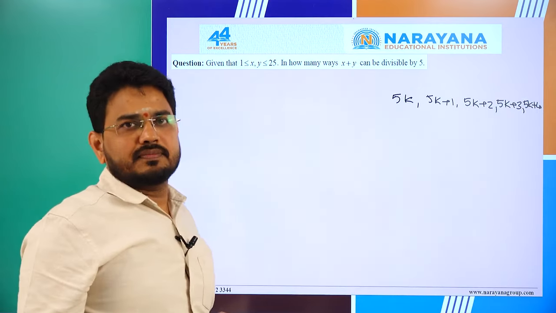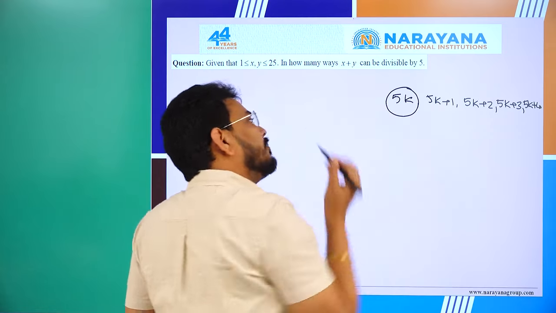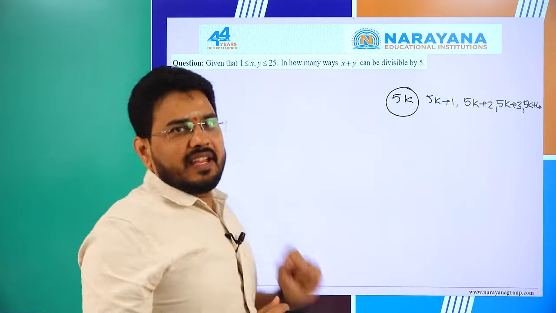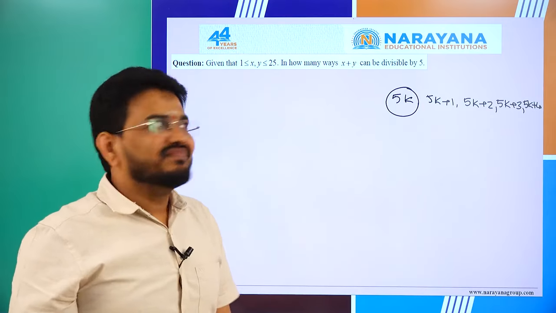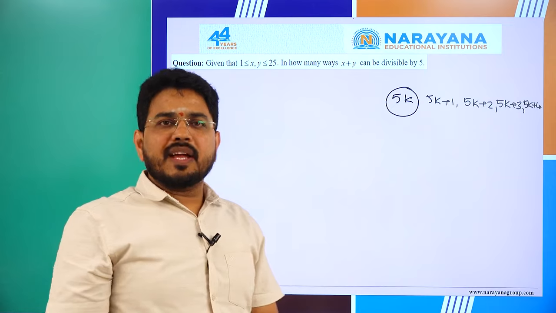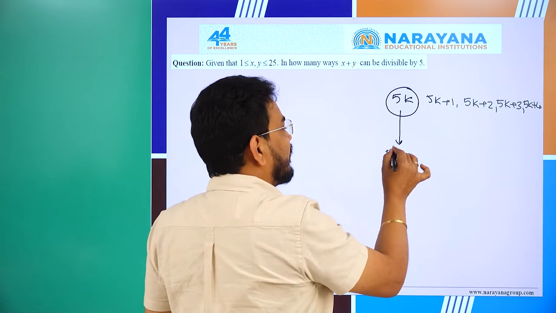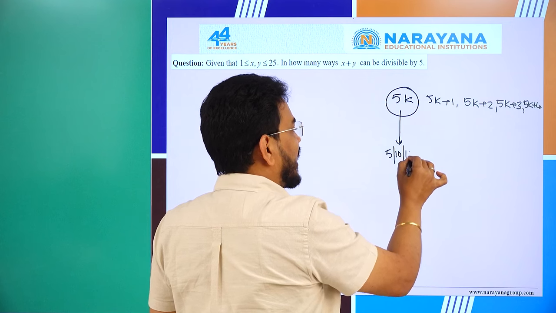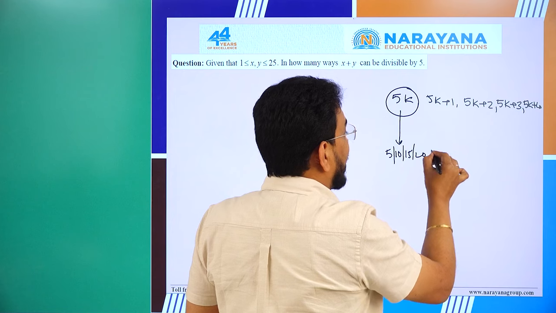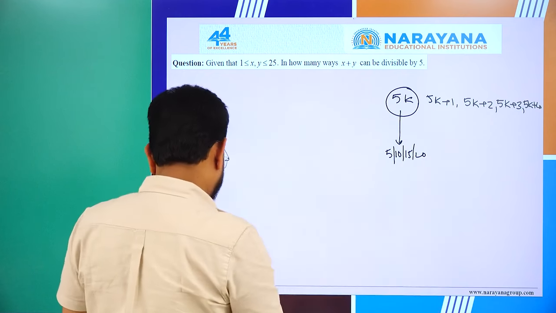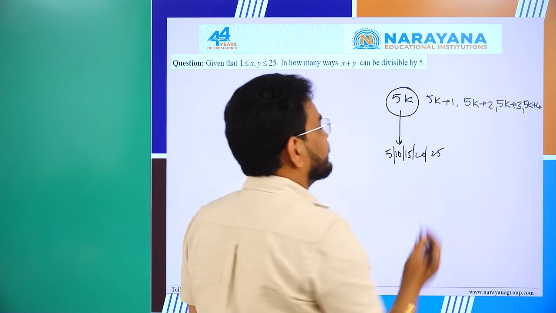5 groups. Now, if I take both x and y from 5k, the sum will be divisible by 5. But how many numbers are here in 5k form? You have 5, 10, 15, 20 and 25.